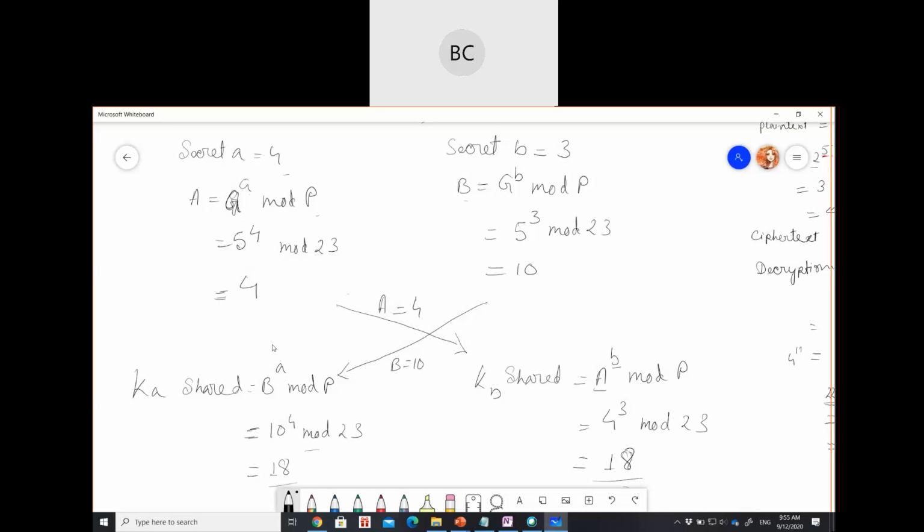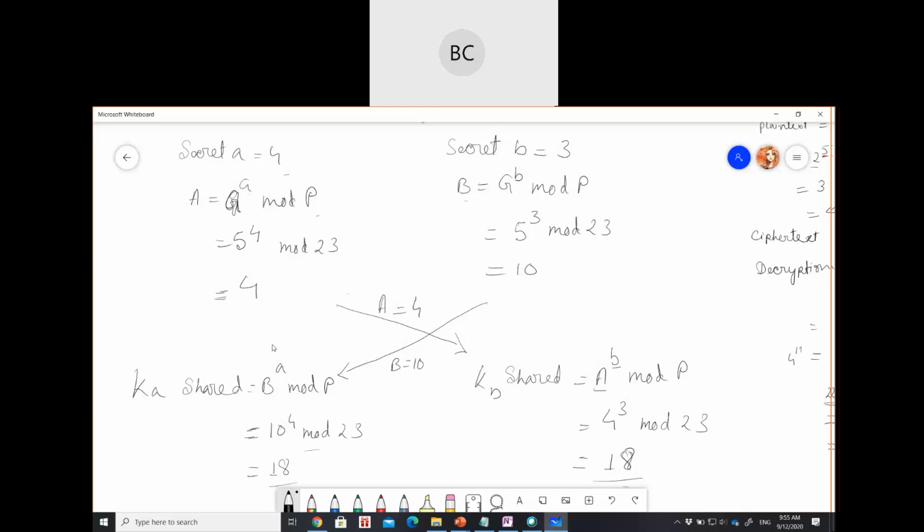Any confusion with the process? It might seem a bit complicated when we use really big numbers, but the fundamental part is not so complicated.